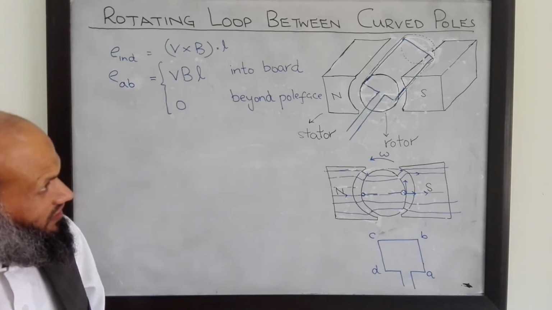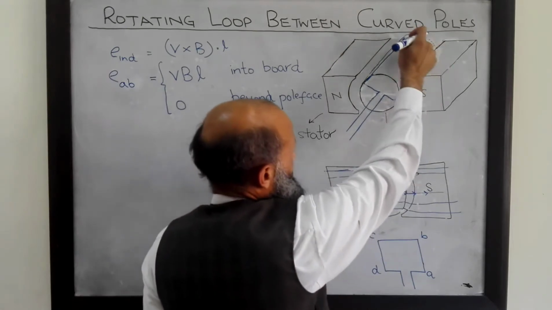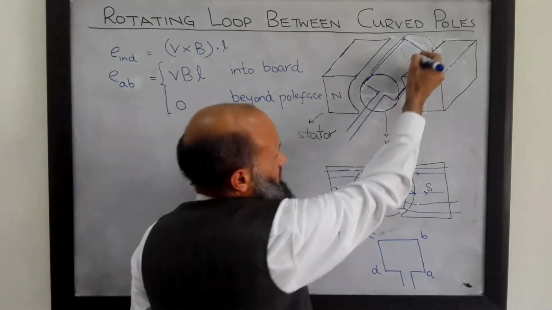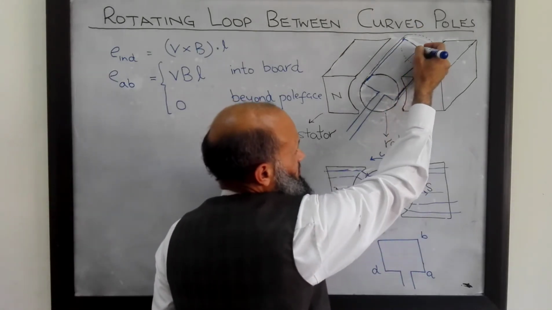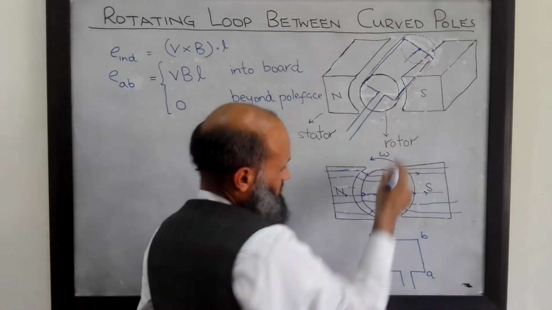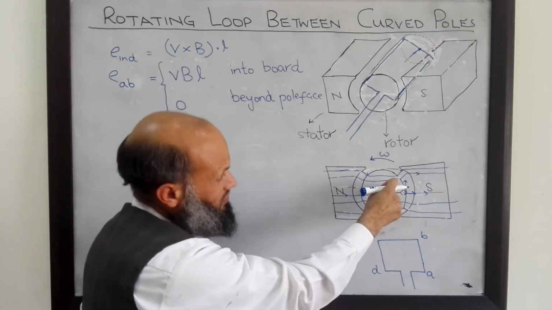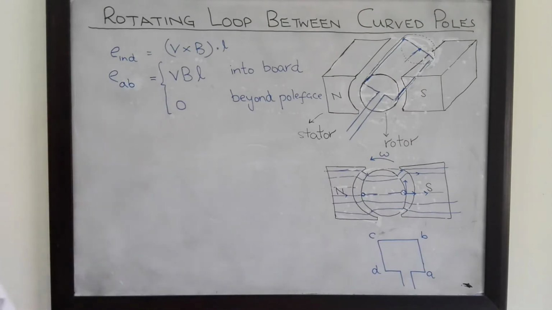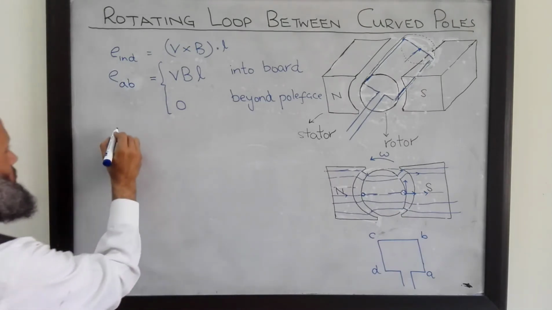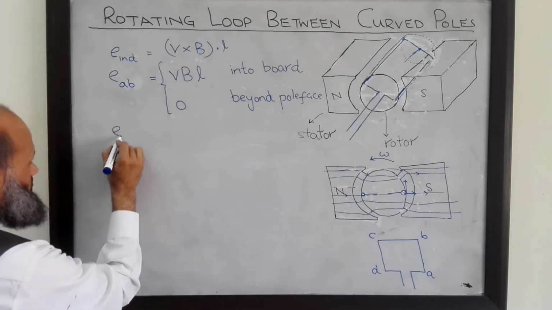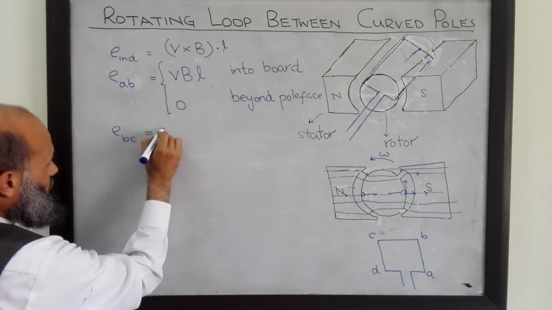And what is the direction of L? Let's look at this diagram. V cross B is in this direction, into the surface of the board. That is perpendicular to L. So induced voltage in segment BC is equal to 0.